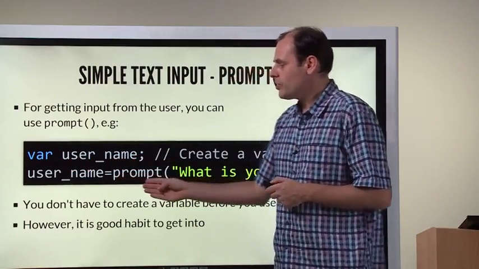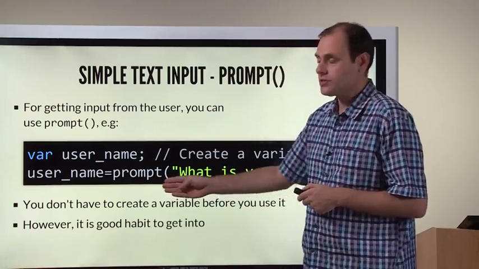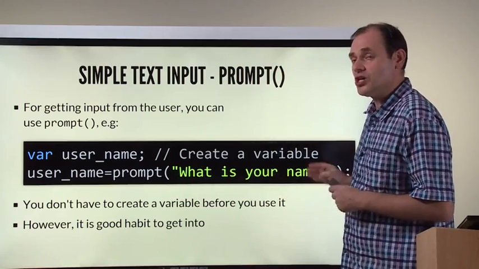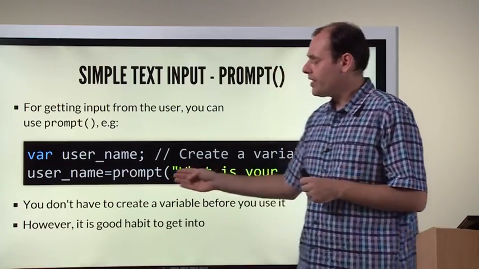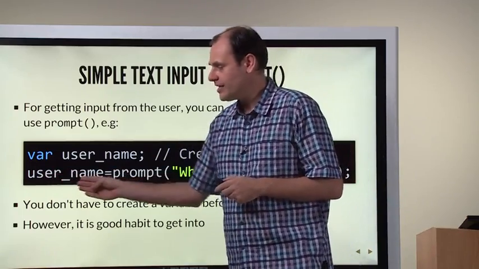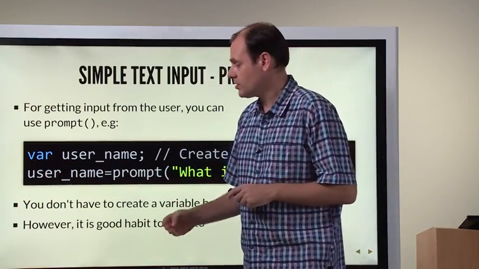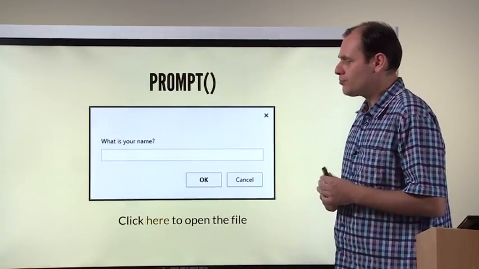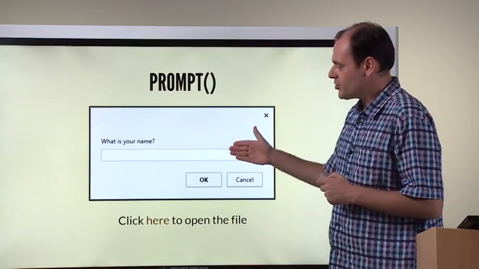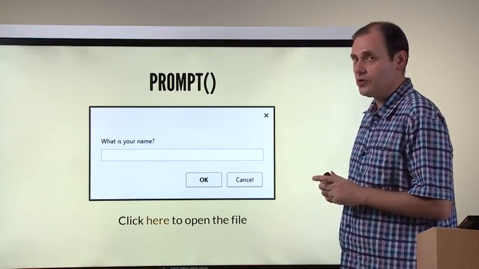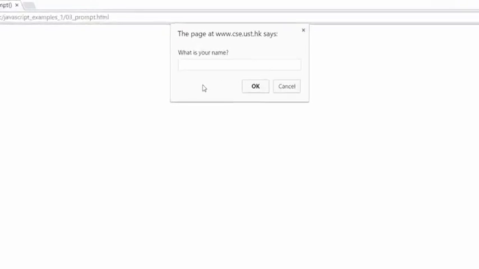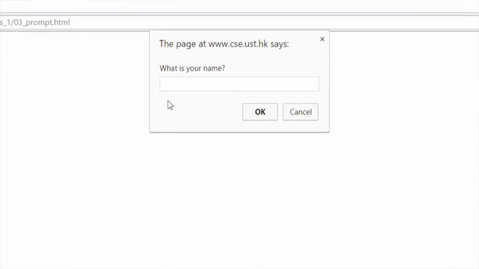and then we use the third function we're looking at, prompt, and that displays a message and gives the user a chance to type some text in. Whatever they type is then stored in the variable and later we can use it. So let's use our prompt. It looks like this. You get a chance to type something in. Let's try it for real. So there's the little window. What is your name?